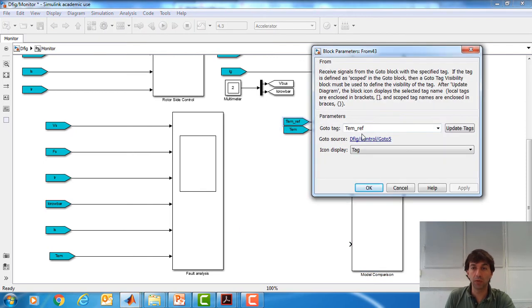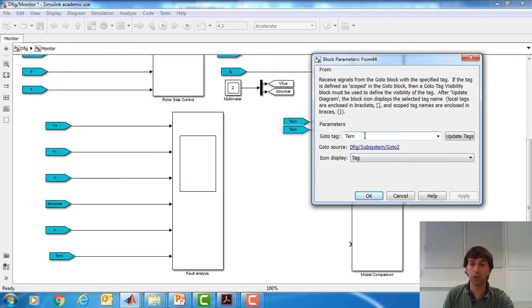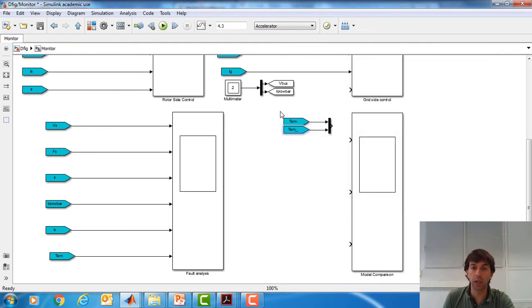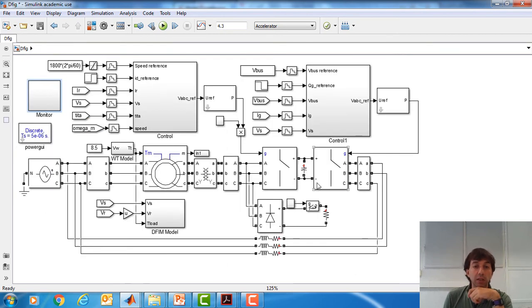So that will be, for instance, the real torque, and then we will compare it with the torque calculated by our own analytical model. We haven't created this torque, but it's there.